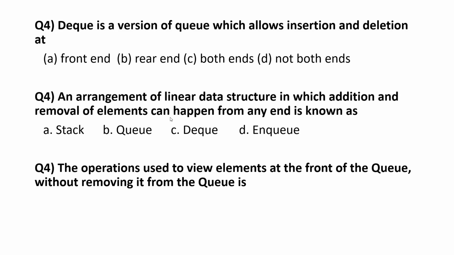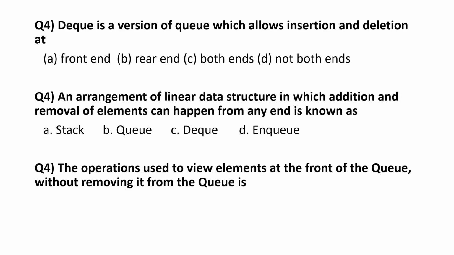Addition and removal of elements from any end is known as deque. In stack, only the top end will be there. In queue, of course, there will be front and rear ends, but the purpose of the front end and the rear end is limited to removing and adding the element. Whereas deque is the correct answer, and enqueue is an operation. Hence, it is incorrect.